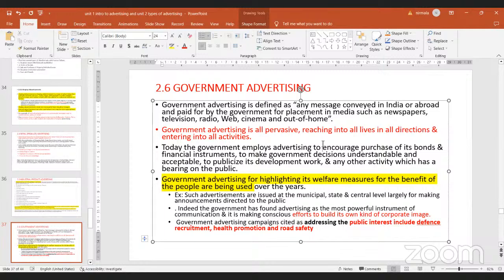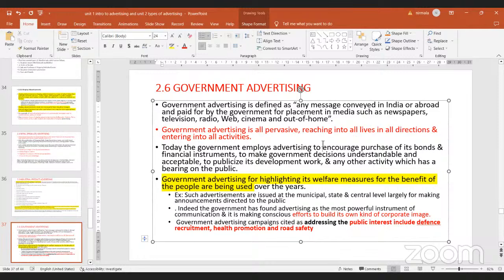That can also be part of government advertising. And here generally the government advertising is done to build a kind of positive image among the public.